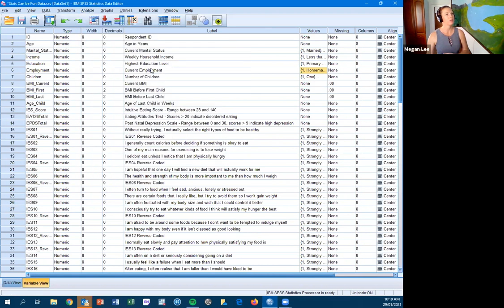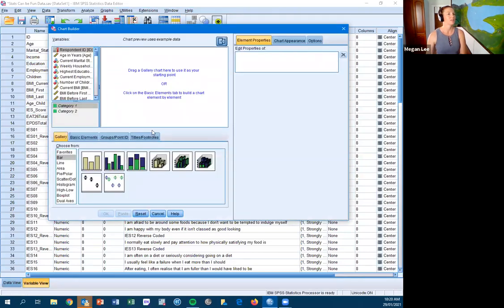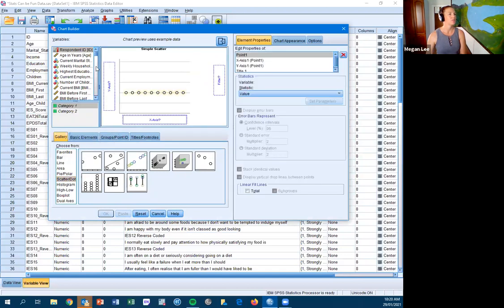Actually, before we do that, we might look at a scatter plot of the data just for fun. So we might do a scatter plot of the DV and the IV just to see what the relationship looks like. So we put intuitive eating on the y-axis. I hope I got these around the right way.